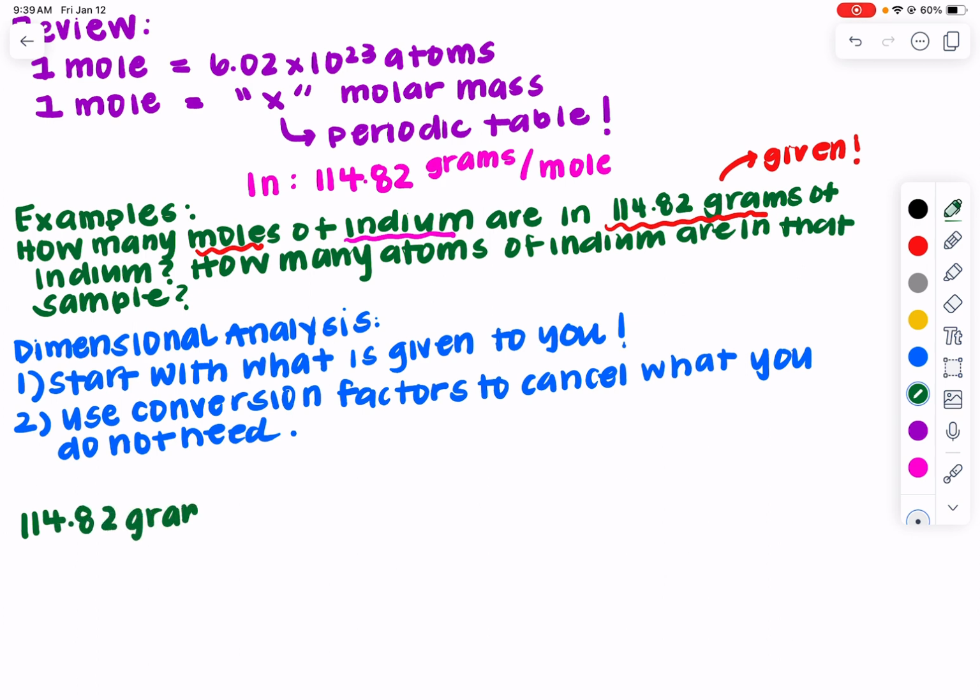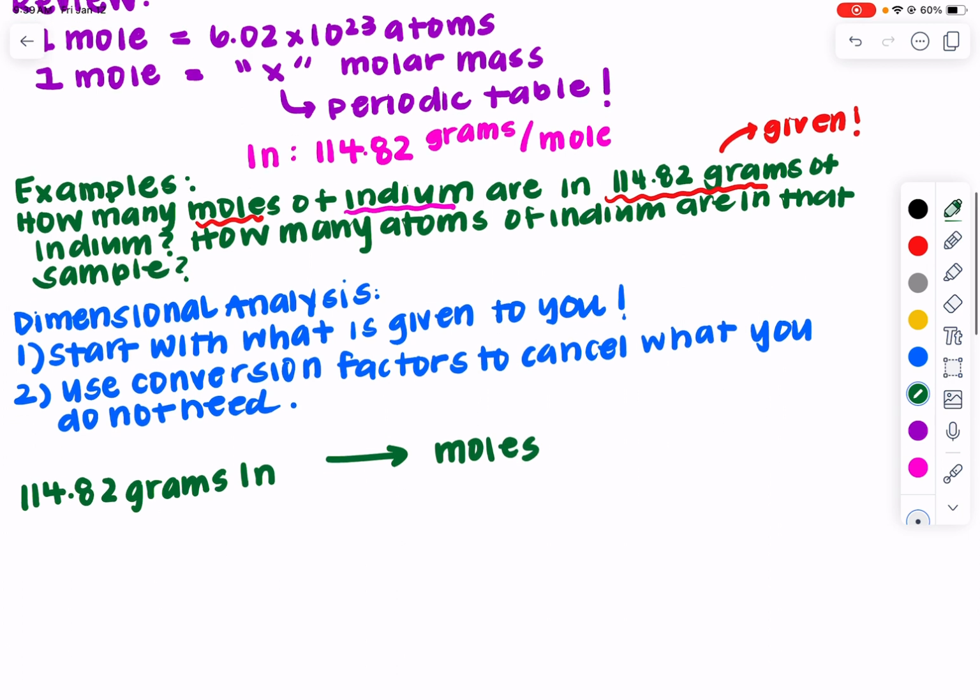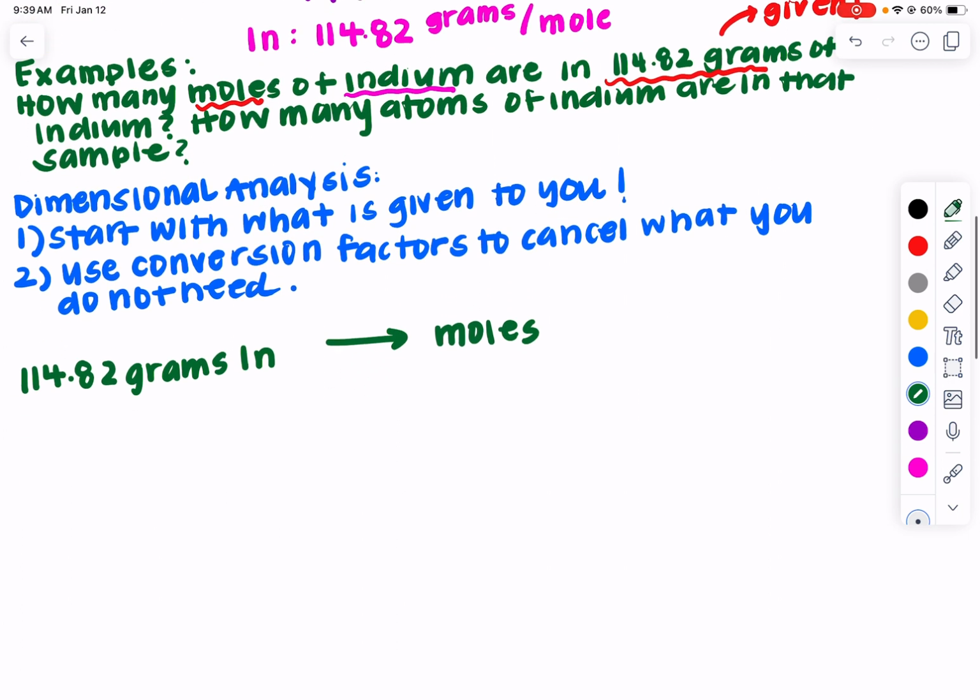It might also be beneficial for you to put some kind of end result. So we want moles from that. So what we do is, again, start with what we're given. And I like to write the unit and the actual sample as well.